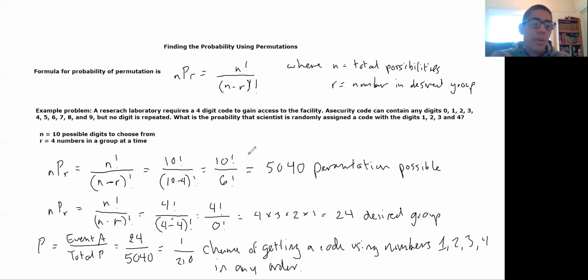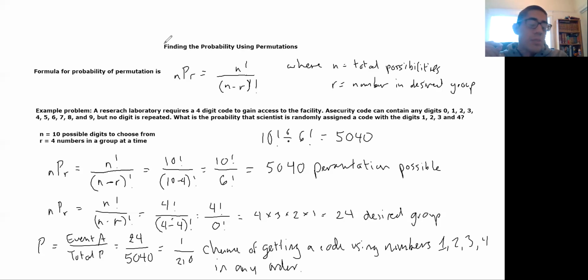If you have the factorial function on your calculator, you would put this in as follows. You put 10 factorial, then the division sign, then 6 factorial, and it should give you 5,040 permutations possible.